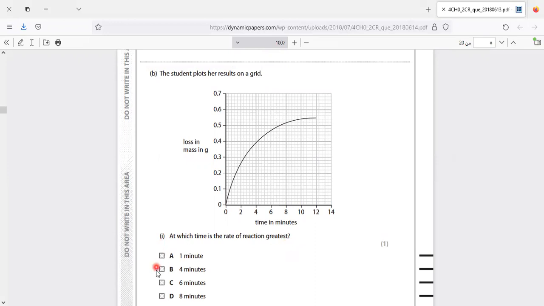So which minute here? This is like when you start to play: your activity will be high at the beginning or at the end?